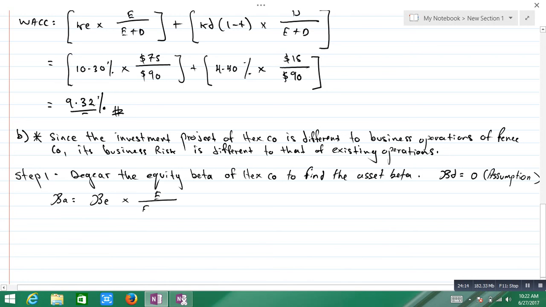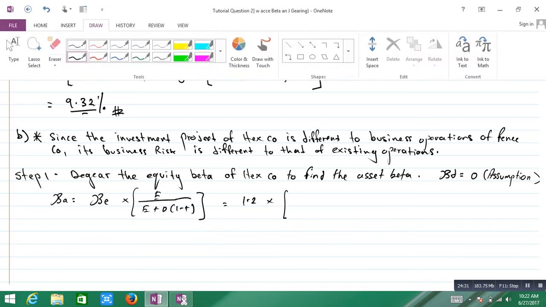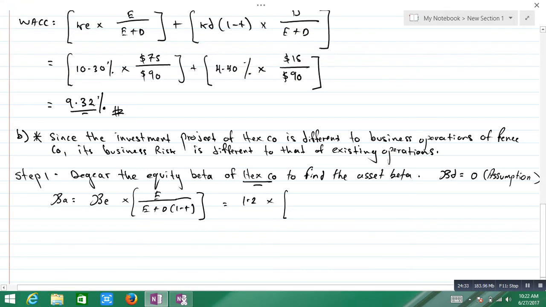Okay, so go back to the question. Now look at here. 1.2, that's the equity beta of Exco. That's why I put it at 1.2, and the equity market value is 54, and the debt is going to be 12.